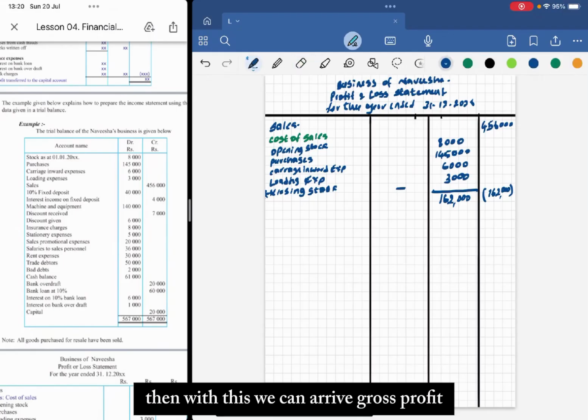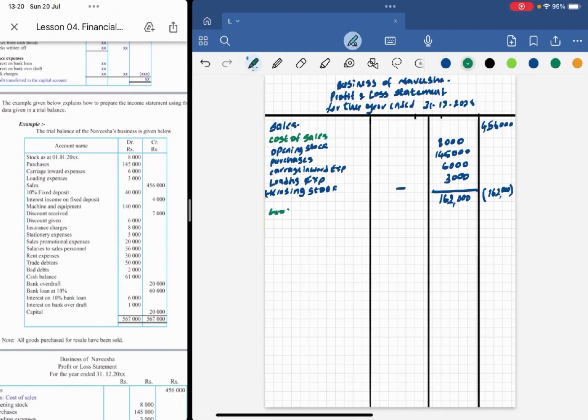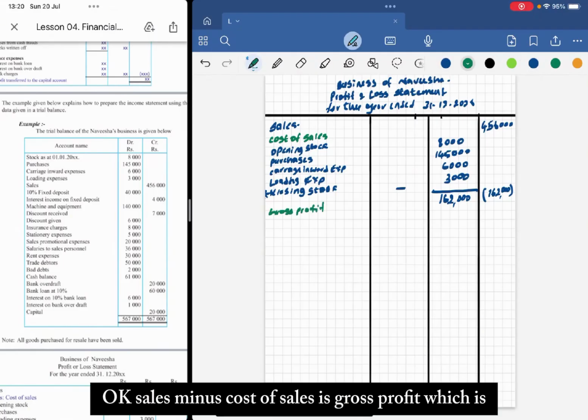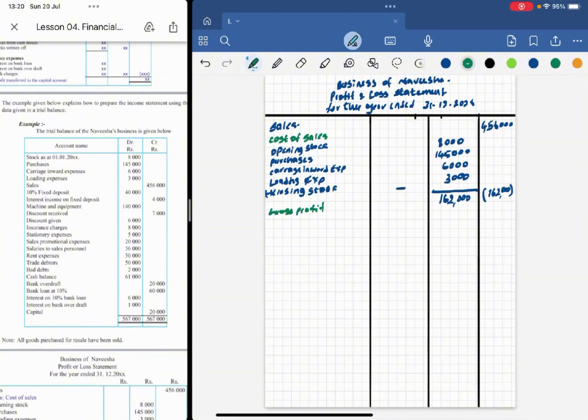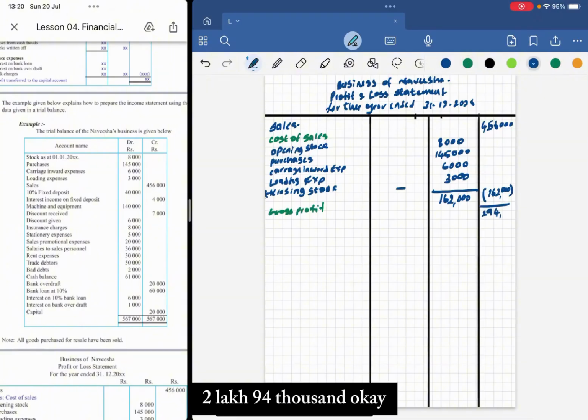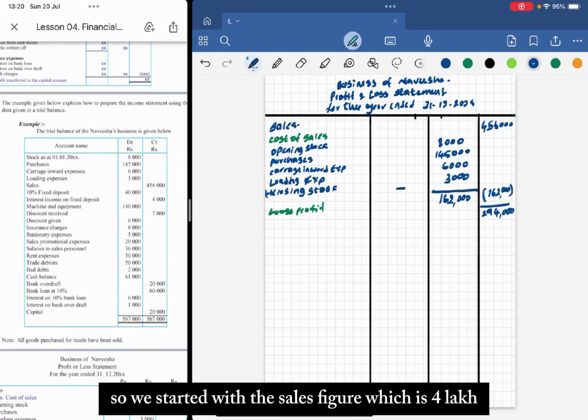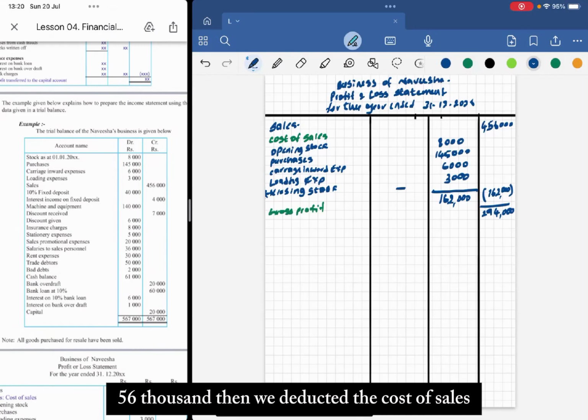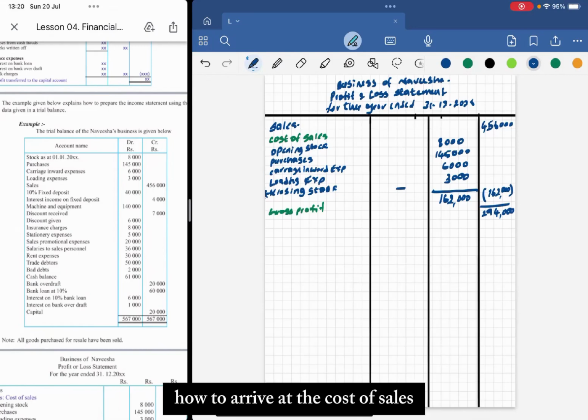Then with this, we can arrive at gross profit. Sales minus cost of sales is gross profit, which is 2,94,000. So we started with the sales figure, which is 4,56,000. Then we deduct the cost of sales. How to arrive at the cost of sales?